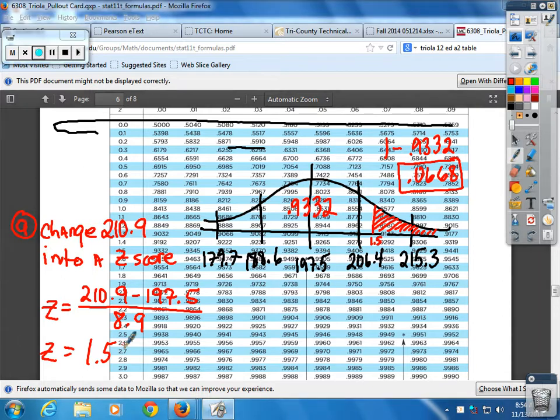It should be 0.9345. I tell y'all 2 digits, and y'all give me 1 digit. 0.9345, and you look that up, it comes to 1.51.